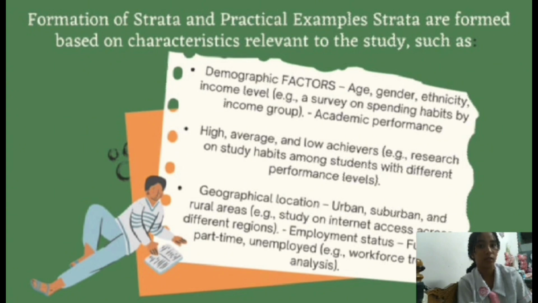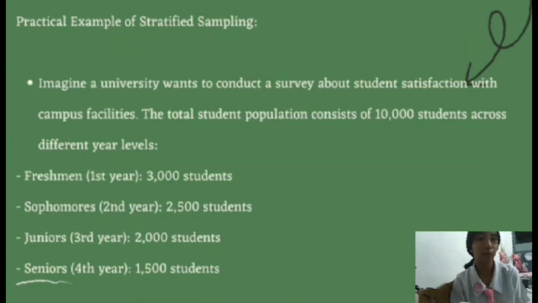Geographical location: urban, suburban, and rural areas. Example, a study on internet access across different regions. Employment status: full-time, part-time, unemployed. Example, workforce trends analysis.